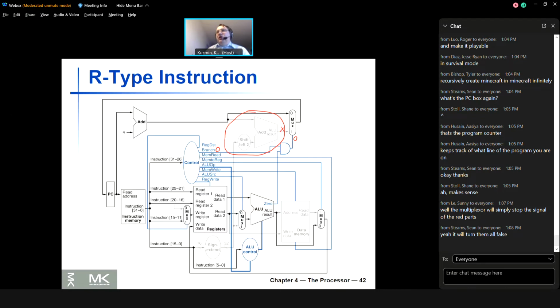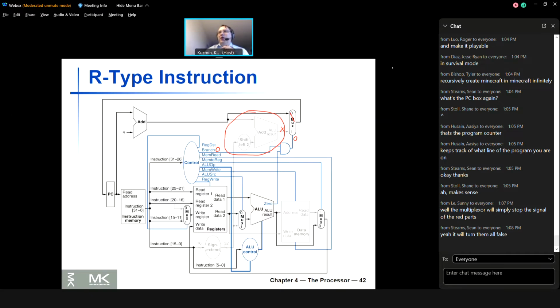It's just not going to be used for this instruction. It's never going to be routed to the output because the multiplexer is always going to be in this state. So that's the meaning of unused. It's still going to be generated; the work will still be done by the corresponding hardware. You cannot just comment out hardware. It's not that simple.